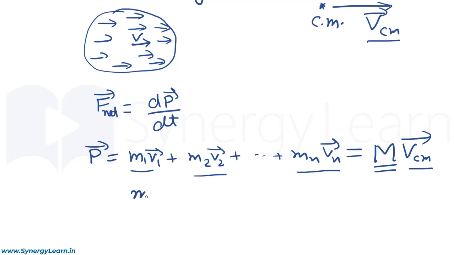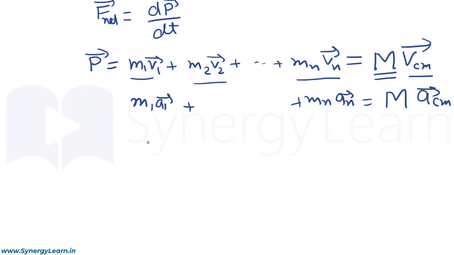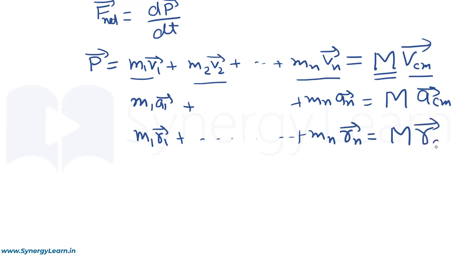Extending this, the acceleration of center of mass can also be written using the total mass of the system and the acceleration of center of mass. And obviously, if velocities and accelerations are represented by this expression, then the positions of the particles together with their masses will also be represented by m and r center of mass, and hence we have a mathematical form for center of mass.